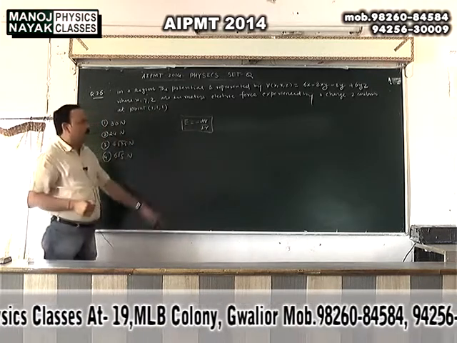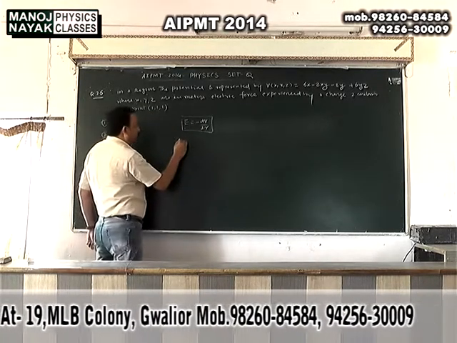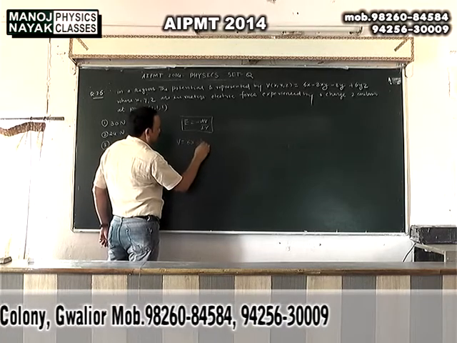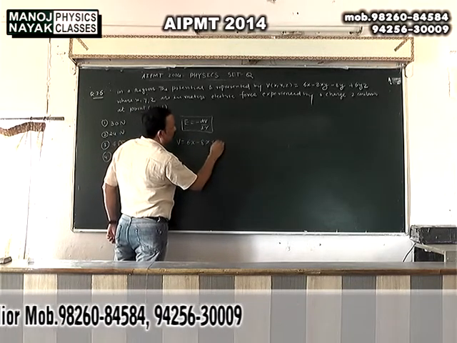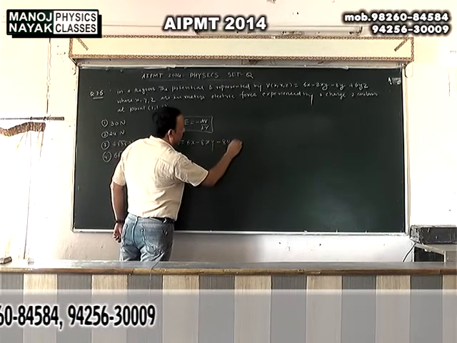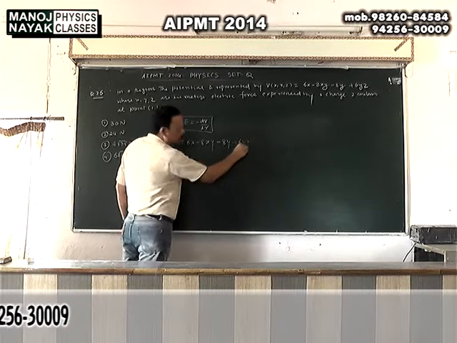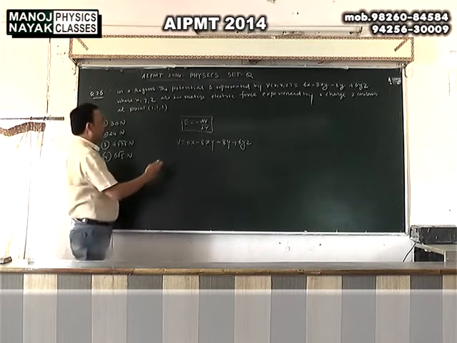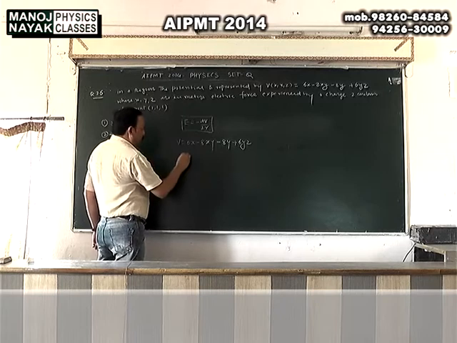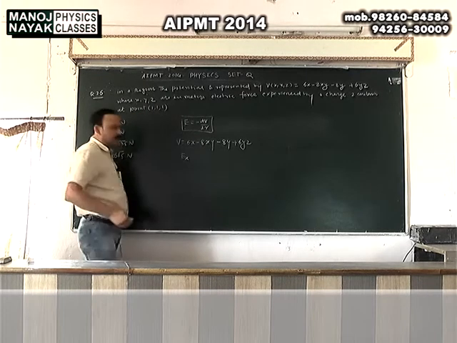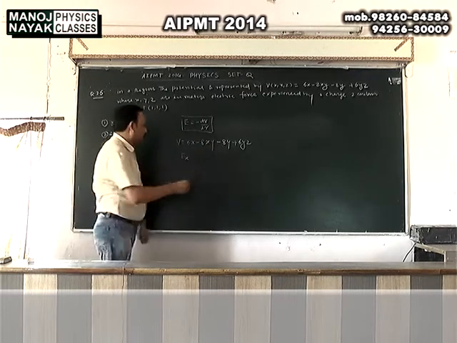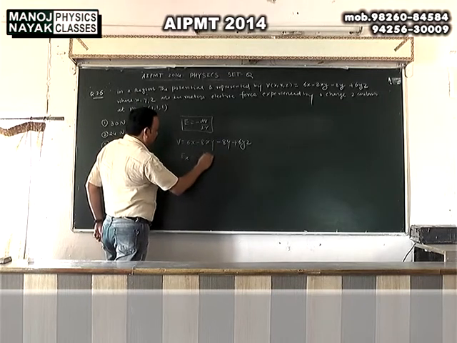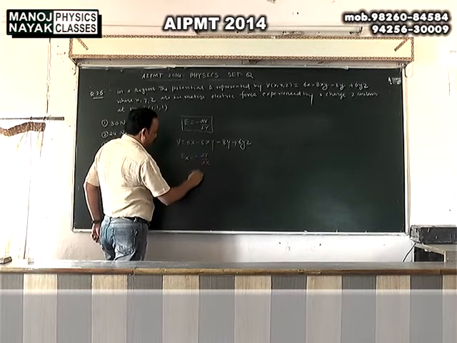Potential is given V equal to 6x minus 8xy minus 8y plus 6yz, right? Get the electric field in x direction using this equation, Ex equal to minus dV over dx.